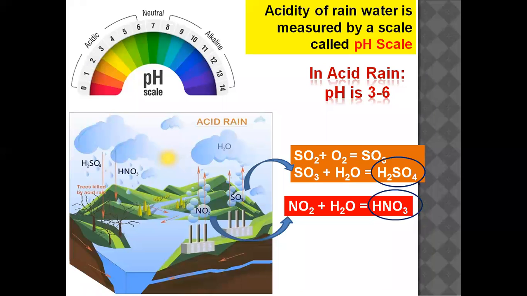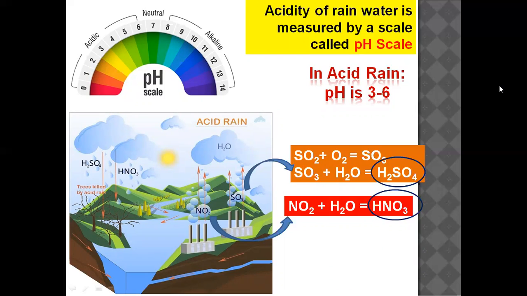Now, after it settles down to the earth's surface, acid rain enters water systems as runoff and sinks into the ground.